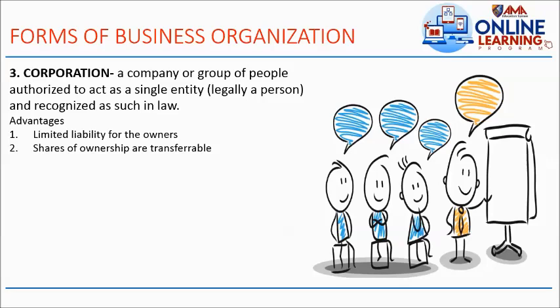Kasi pag nangutang si SM, kunyari si SM nangutang kay BDO, hindi niya pwedeng singilin si Mr. A. Kasi ang ginamit ni Mr. A na pangalan is the SM. So, pag hindi nagbayad ang SM, hindi niya pwedeng habulan si Mr. A, kasi yung corporation na yun is already a single entity or a legal person.